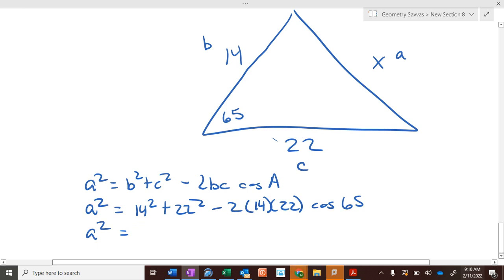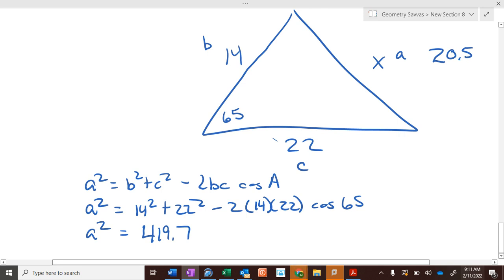So A squared equals some big number. And then take the square root, second answer on your calculator, and you get 20.5 for A.